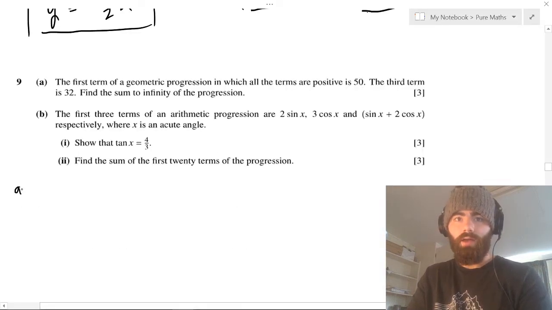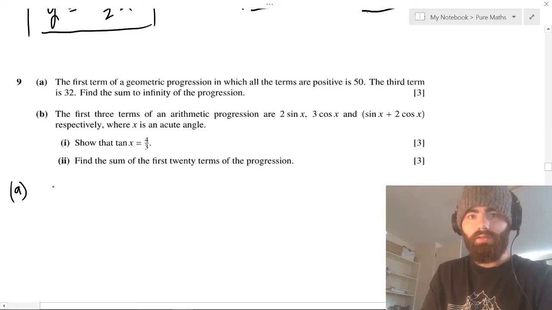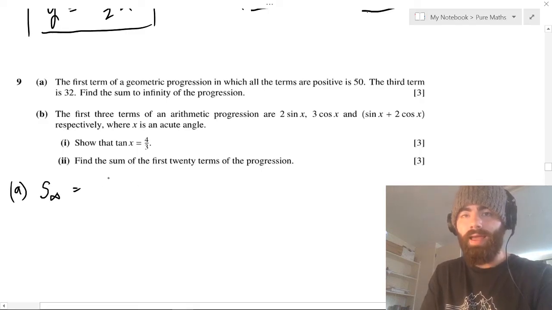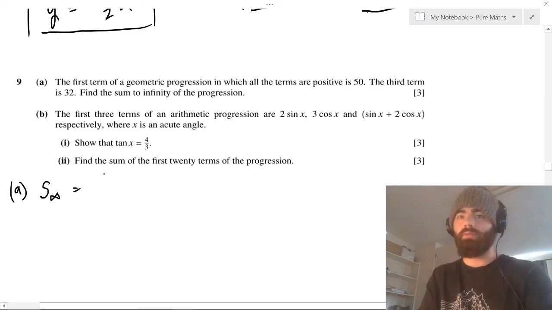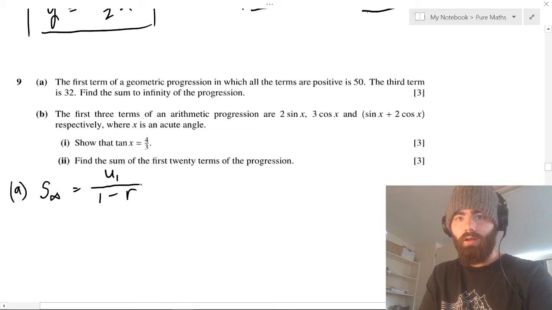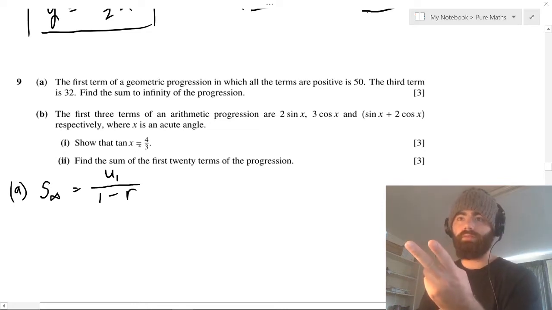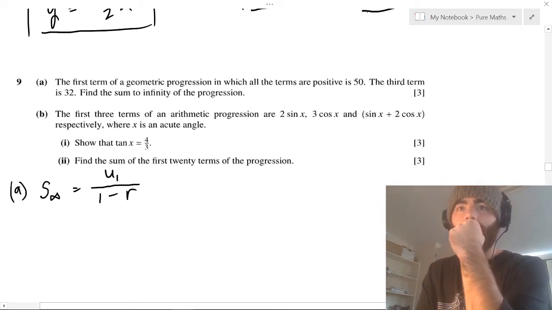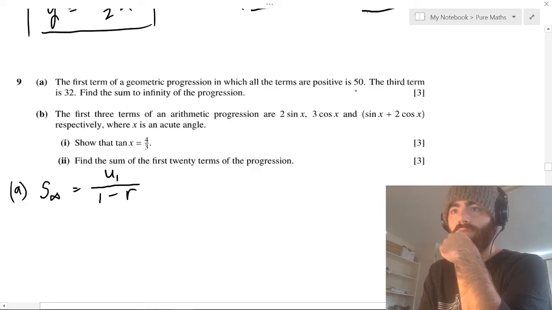So our sum to infinity is a, which remember is just our first term, so we'll call it u1, over 1 minus r. So we need to find two things. In which all the terms are positive, the third term is 32, find the sum to infinity.